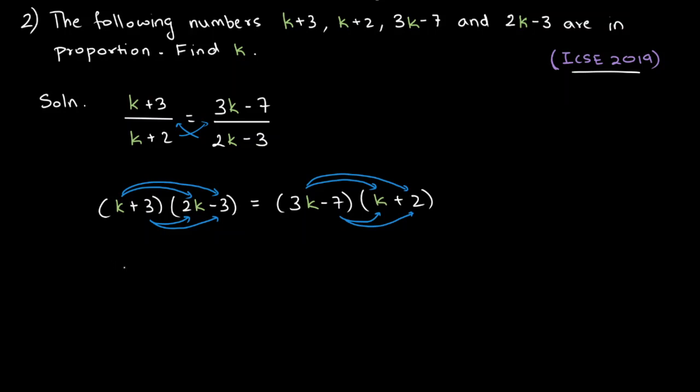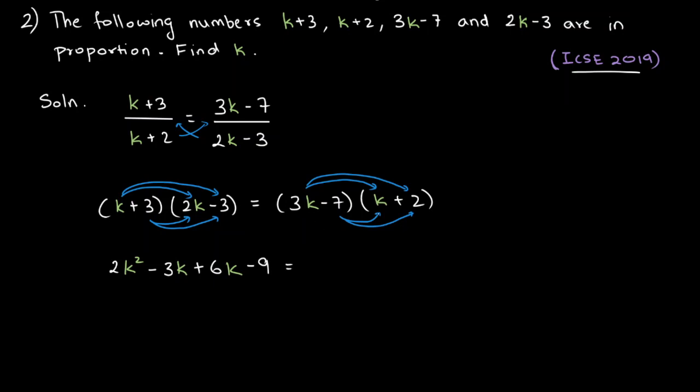So k into 2k gives me 2k squared, and k into minus 3 will make it minus 3k. 3 into 2k will make it plus 6k, and plus 3 into minus 3 makes it minus 9.